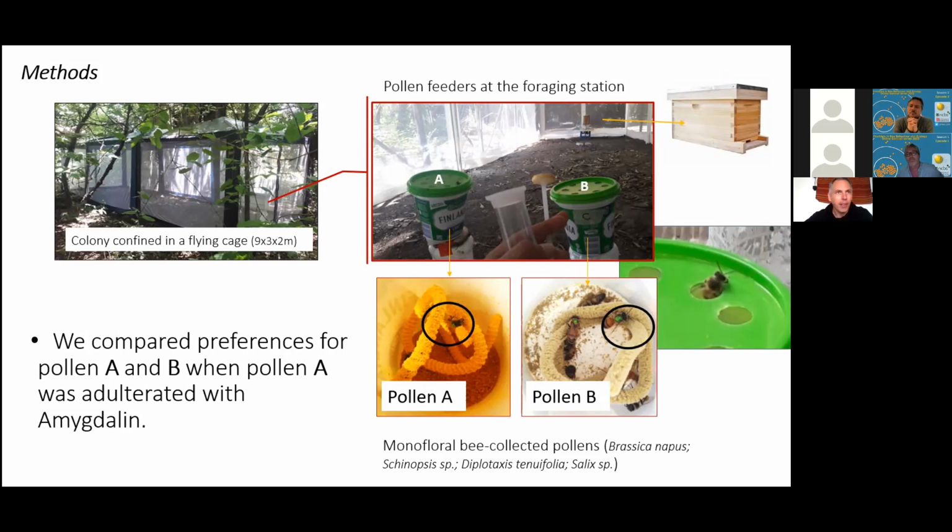At least for pollen, which is a quite complicated resource or stimulus, I would argue that nurses are those who really select pollen by consuming or not consuming the most appropriate pollen.